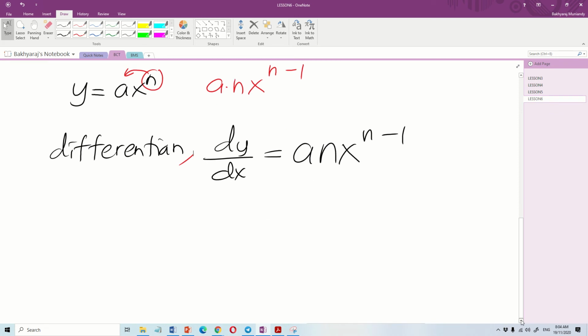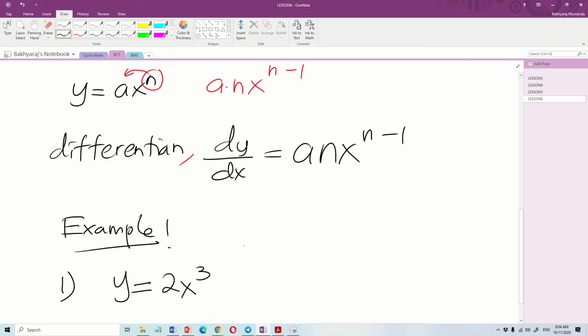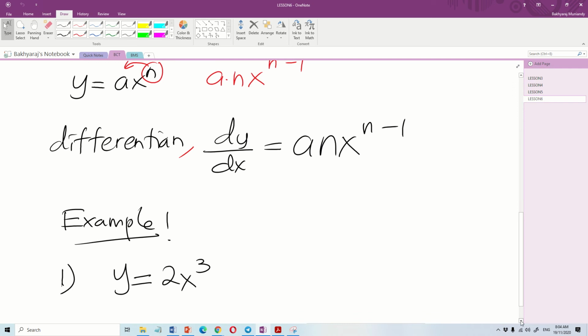Okay, example 1, number 1. My question is y equals 2x^3. Soalan saya ialah 2x^3. What am I going to do here? First, I know the formula.